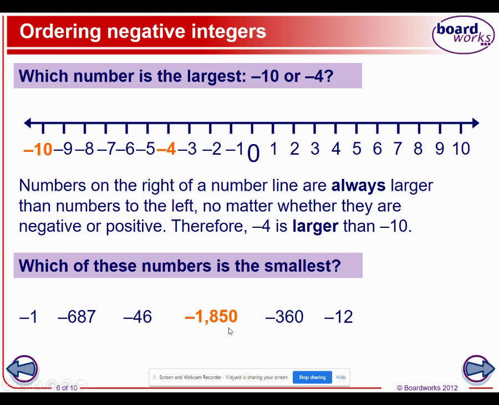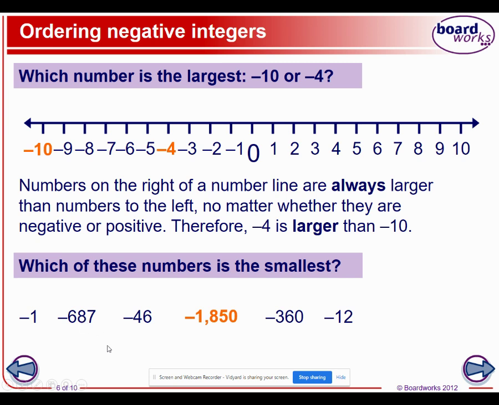So that means it's the smallest because it's the furthest one on the left. The next smallest one would be negative 687, because negative 1,850 is the only one that's smaller or lower than negative 687.